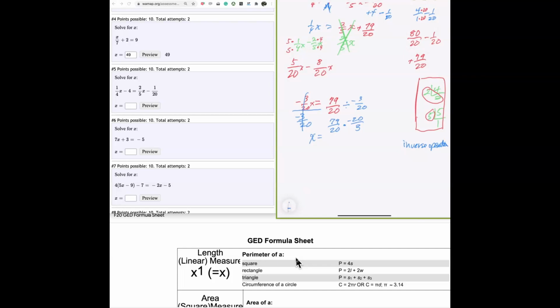And we're going to do cross cancellation here. We've got 20 in the numerator and 20 in the denominator. So 20 divided by 20 is 1. Negative 20 divided by 20 is negative 1. So then we have 79 times negative 1, that's negative 79. And then we have 1 times 3.